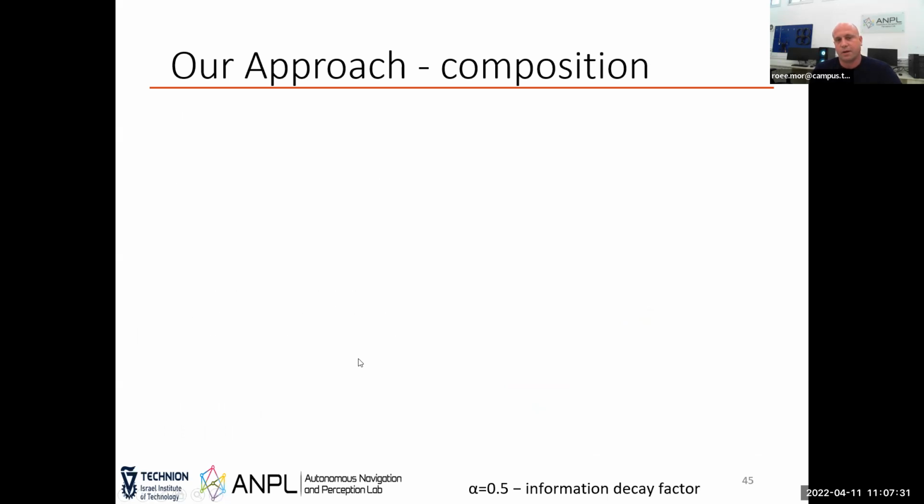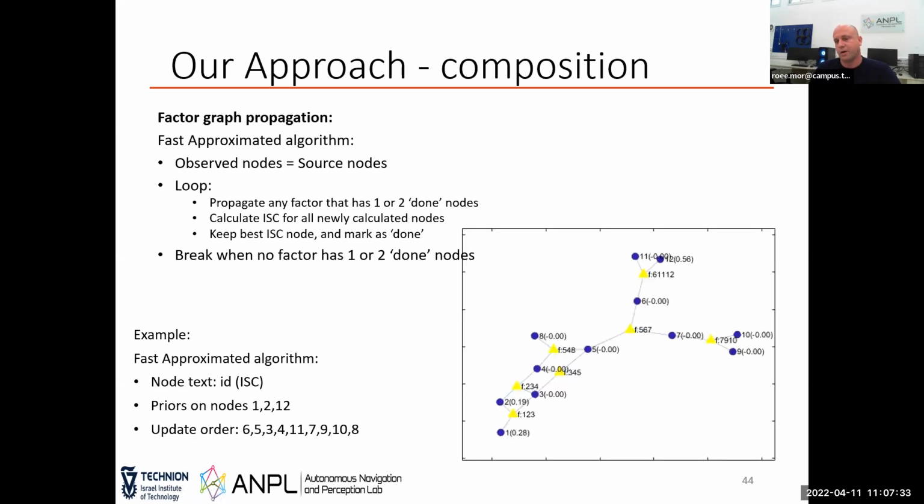Okay, so now we have a simulation. This is an example from our real simulation. We can propagate data through the graph, and we want to know how good the composition is, how much data did it propagate, okay? So we can just look at all the nodes that didn't have measurements in the beginning, and see the information score for all these nodes.